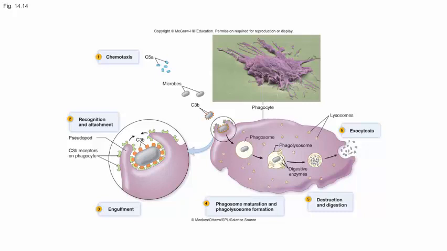That's what phagocytes do. Now, if the infection is not controlled by the resident macrophages, then the macrophages produce cytokines to recruit additional phagocytes, and that includes neutrophils. For the process of phagocytosis, I would encourage you to review the steps in figure 14.14, as you see here.